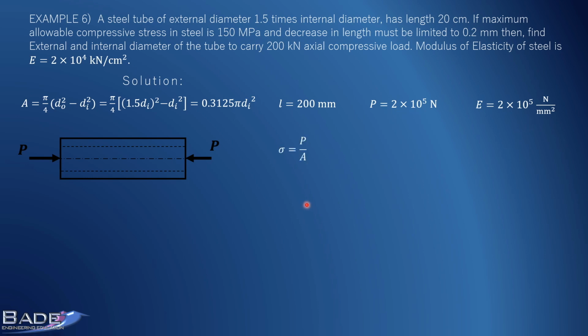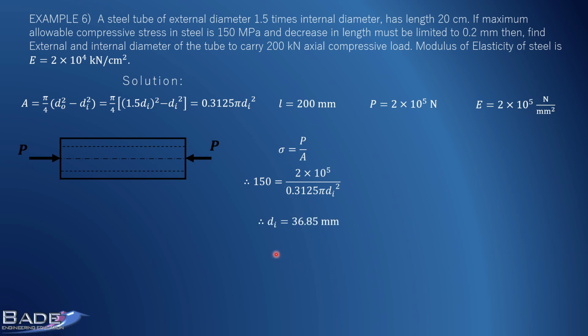Okay, let's proceed. Stress is load upon cross-sectional area. Now here load is known. Safe stress, when you substitute here, you get safe area. So let's proceed. So 150, that is stress. Permissible stress it is. Load 2 into 10 raised to 5. And cross-sectional area.